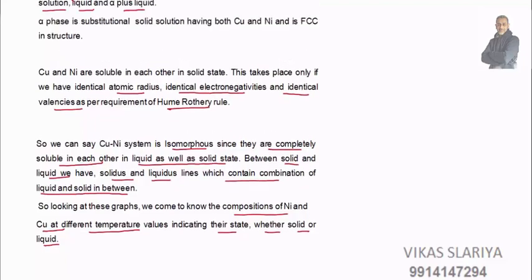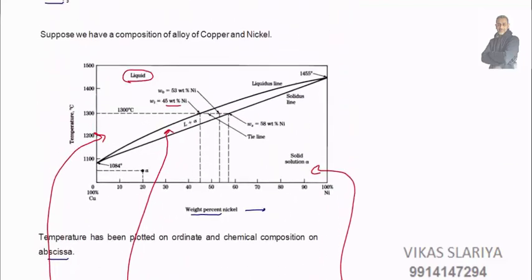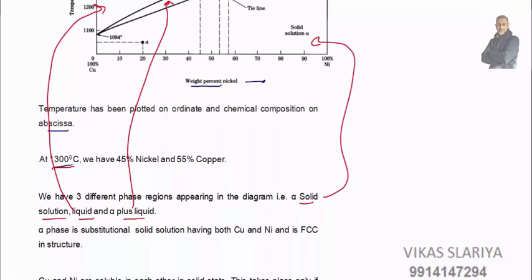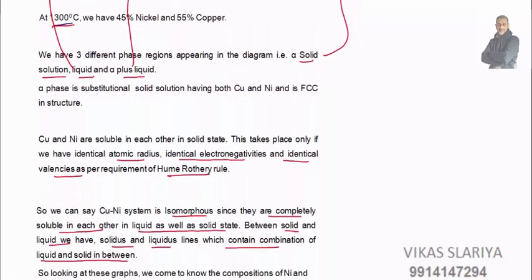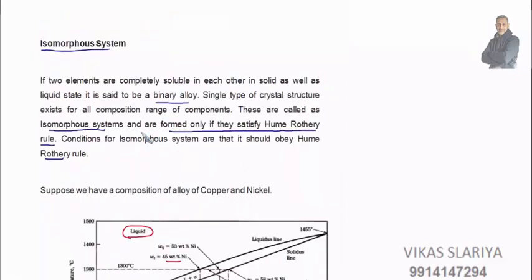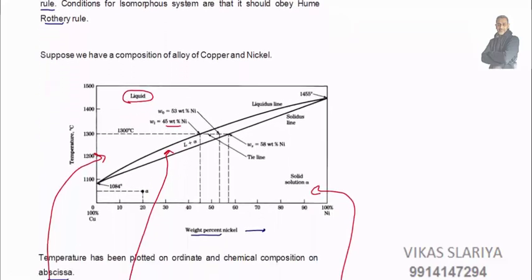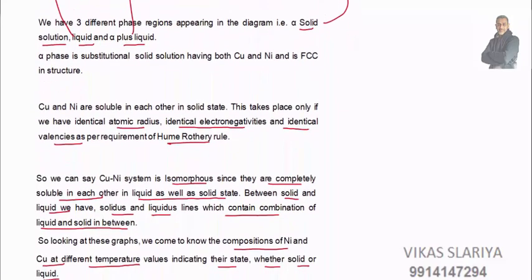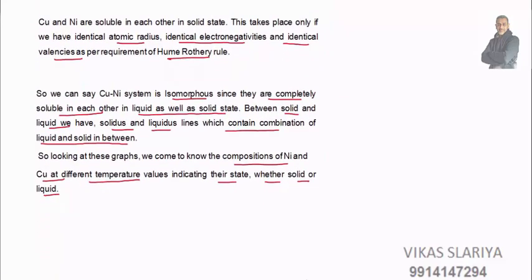At 1300 degrees Celsius I have two positions: on the left-hand side I have solid and on the extreme right-hand side we have liquid, because the percentage changes. As the percentage changes, my physical conditions will vary at a given temperature. This is what the isomorphous system shows us, and this is how our phase diagram tells us what is appearing at what temperature. Okay, thank you.